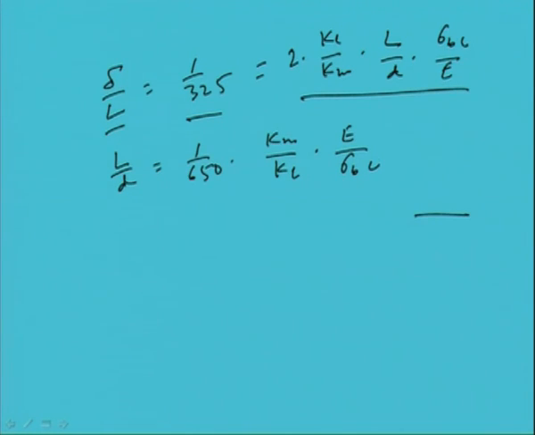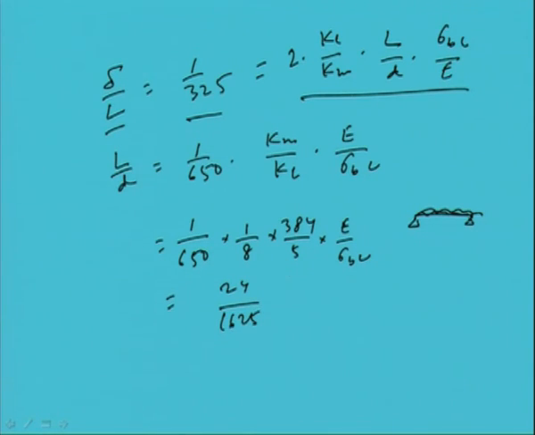And for UDL load with simply supported beam, we know the values of KL and KM. Km is 1 by 8 and KL is 5 by 384. Putting the values, we get 24 by 1625 into E by sigma BC.